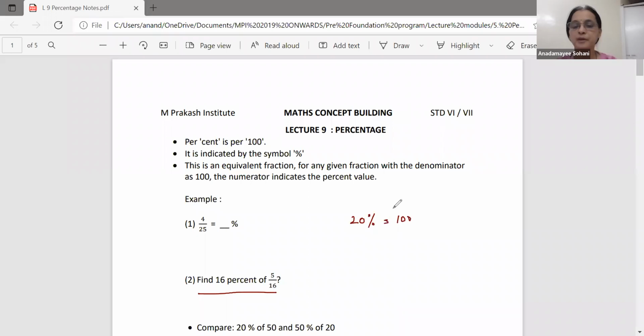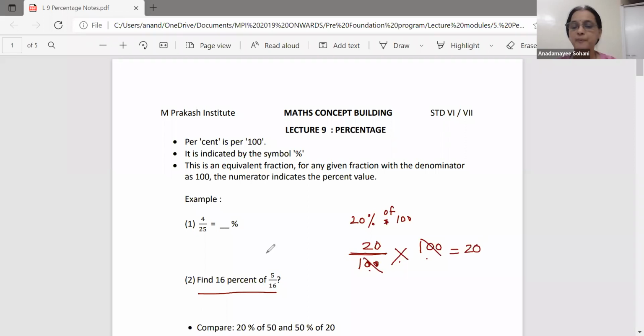If I take 20%, see what I'm writing when I'm talking. Per, I'm writing cent, I'm writing 100. Of, I'm writing multiply. 20% of 100. Answer is 20.